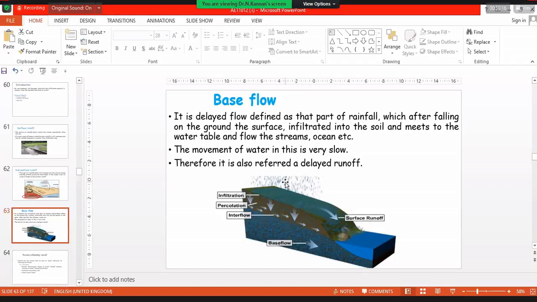Subsurface flow is without touching the water table. The movement of water in this system is very slow. We will see that dynamics later.